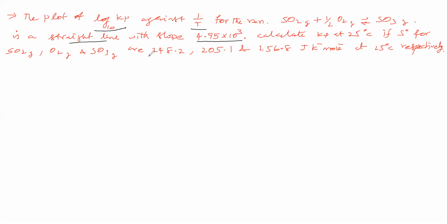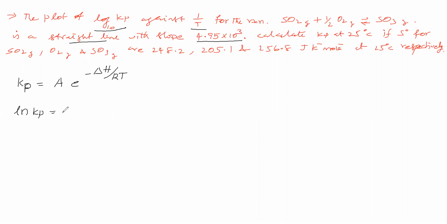Now we have to see the relation between Kp and temperature. So equilibrium constant Kp is equal to A into e power minus delta H by RT. Now we want log Kp, so we will take ln on both sides.